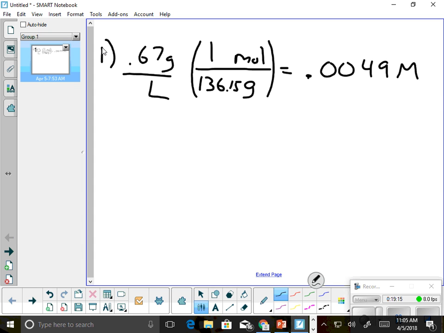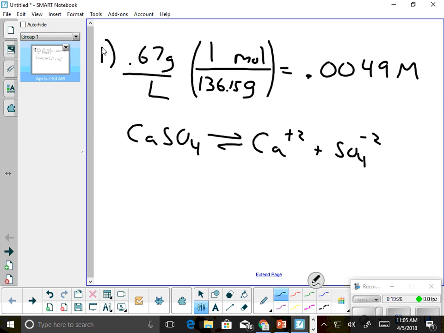Now, when I look at this expression, if I would report it as a 0.0049 molar calcium sulfate solution, there's 1 calcium for every 1 calcium sulfate.